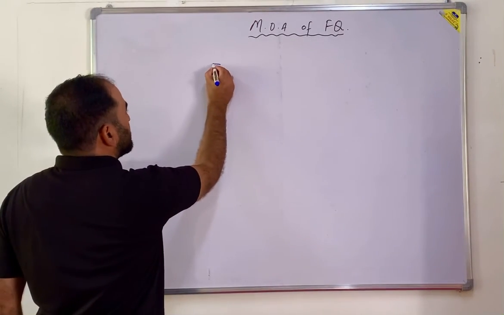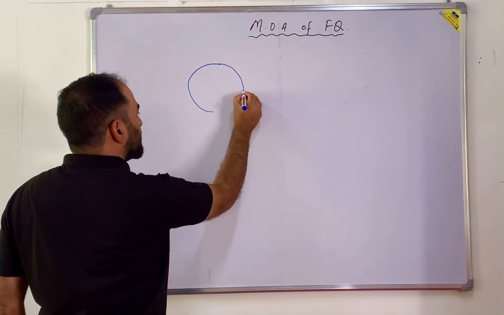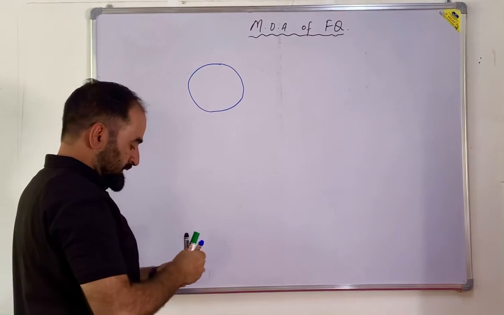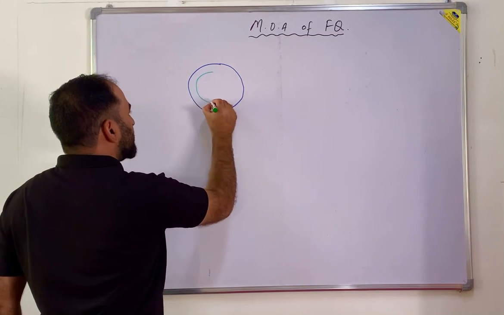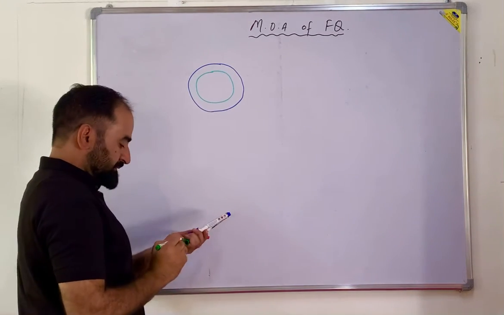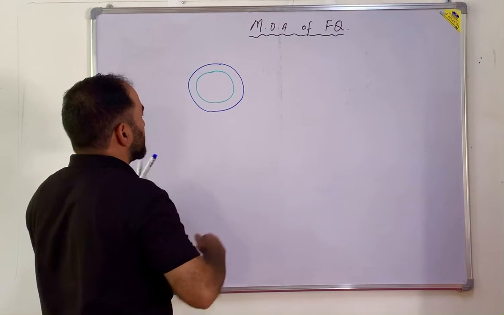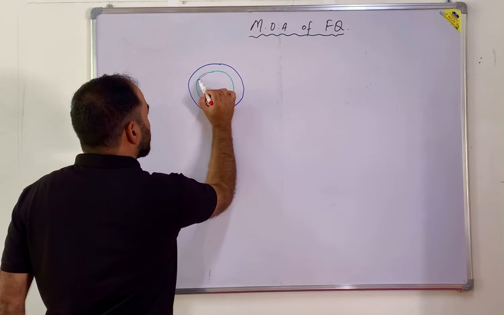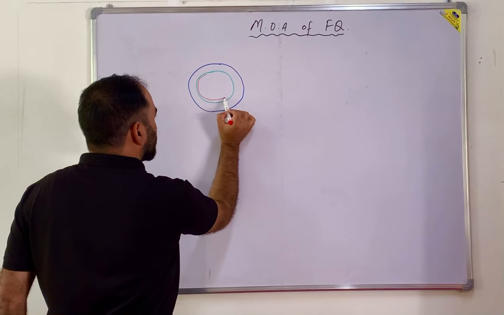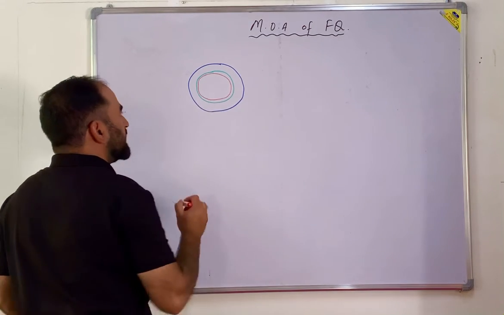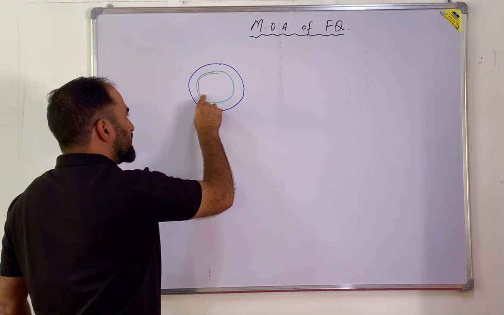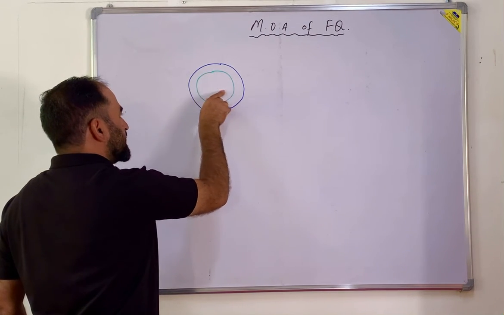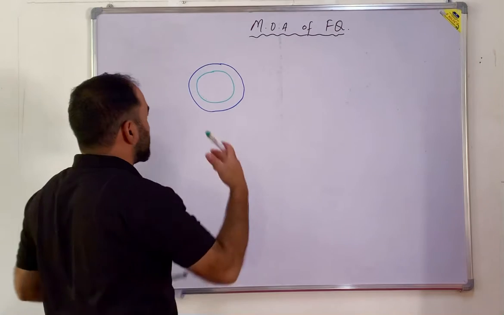Say for example, this is your bacteria, and it has circular DNA. Okay, this is the circular DNA, let me make it the same color.